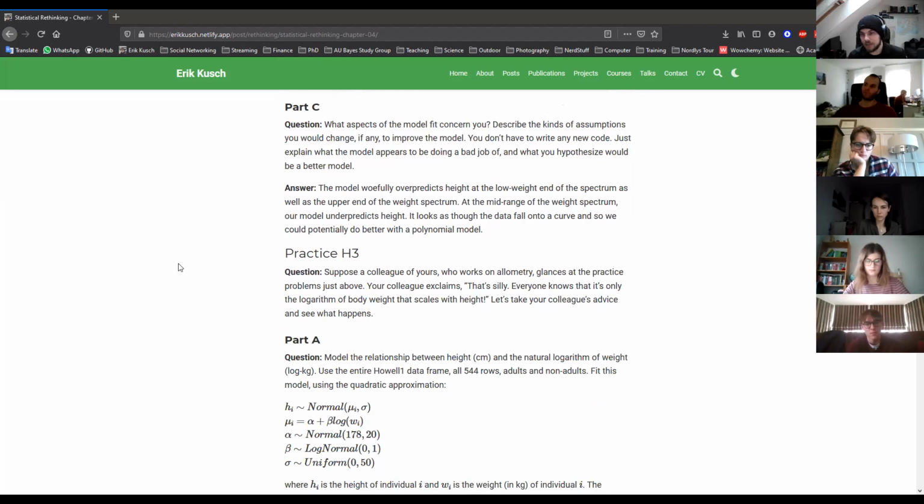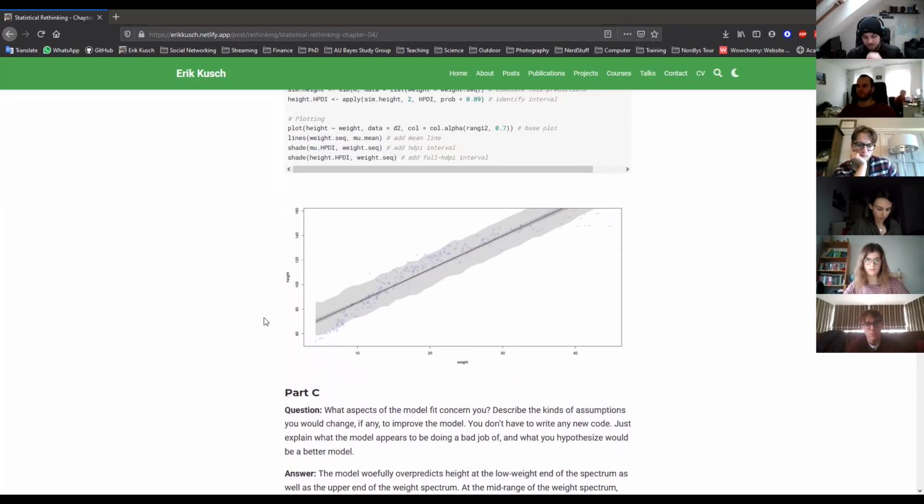So part C, as the last one to this question, we are asked what aspects of the model fit concern you. Describe the kinds of assumptions you would change, if any, to improve the model. You don't have to write any new code, just explain what the model appears to be doing a bad job of and what you hypothesize would be a better model. And this is where we get into the comparison to a logarithmic model, for example, or even a polynomial one.